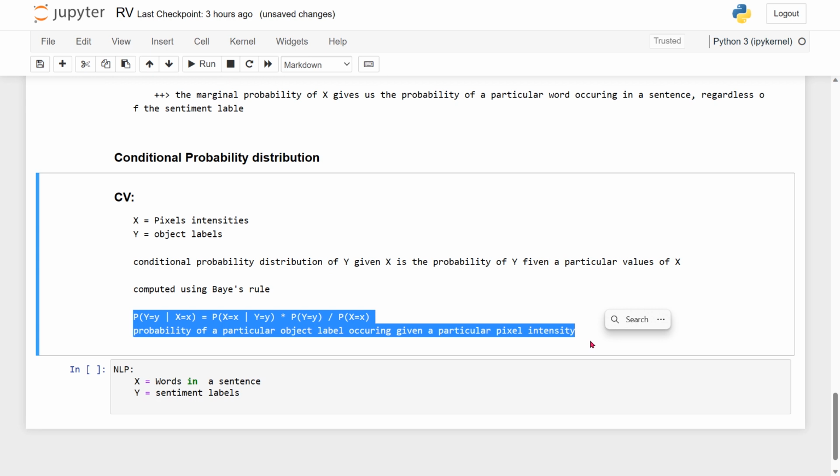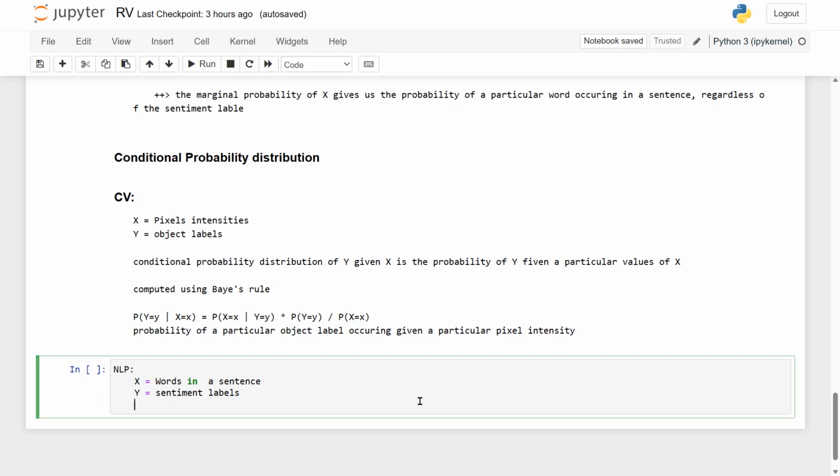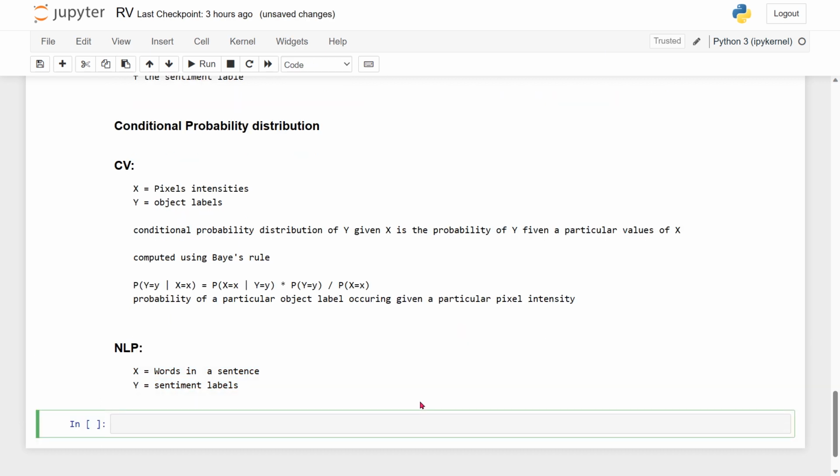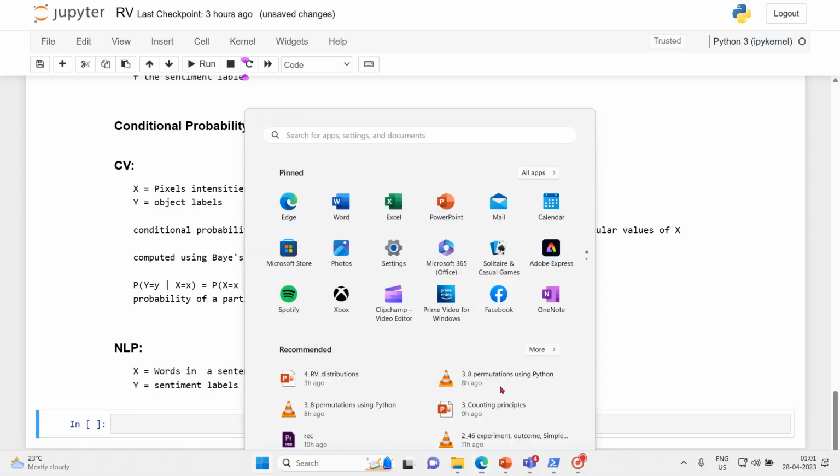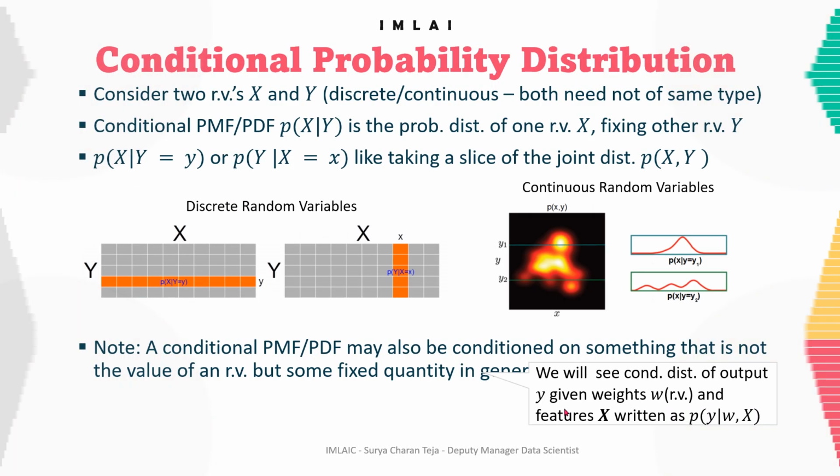So the conditional probability distribution is a useful tool in both computer vision and NLP for tasks such as classification, object recognition, and sentiment analysis.